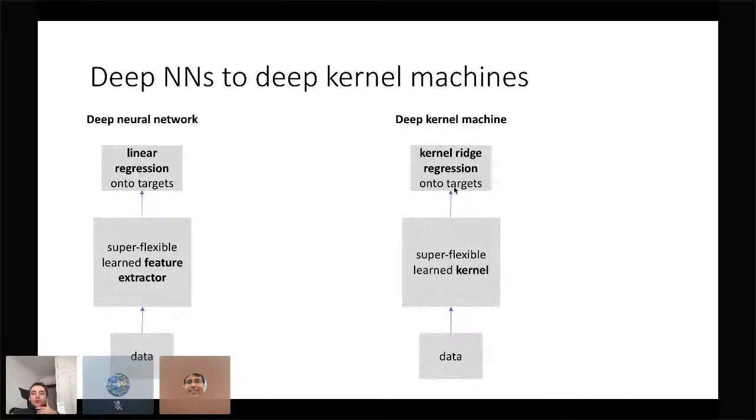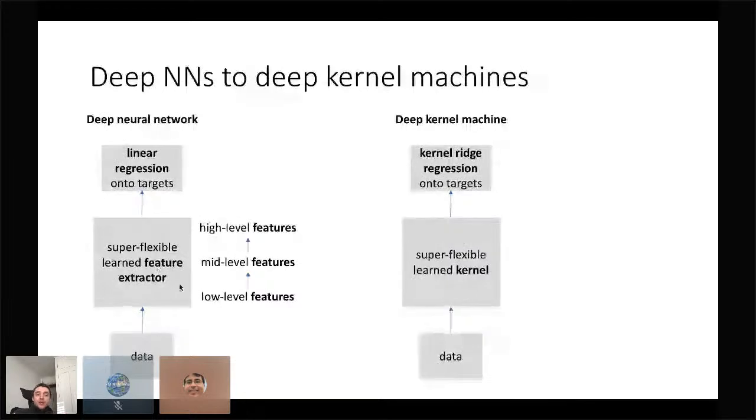Okay, that's great, but it sort of pushed the problem downstream. I now need to know how to write down this super flexible family of learned kernels, and how am I supposed to do that? Again, we're going to take inspiration from deep neural networks and delve into how they get this super flexible learned feature extractor.